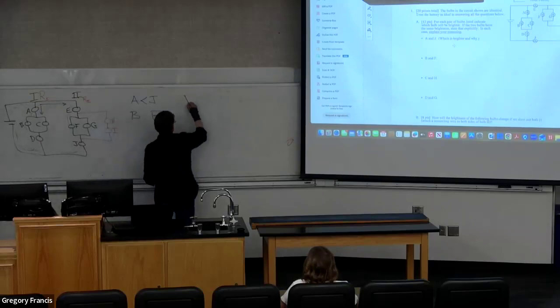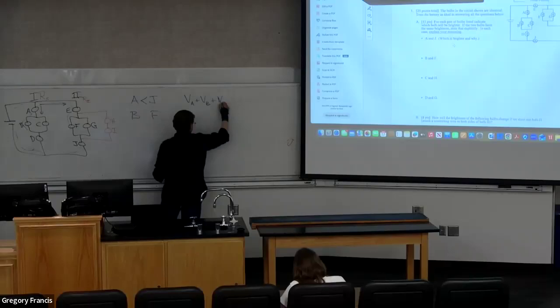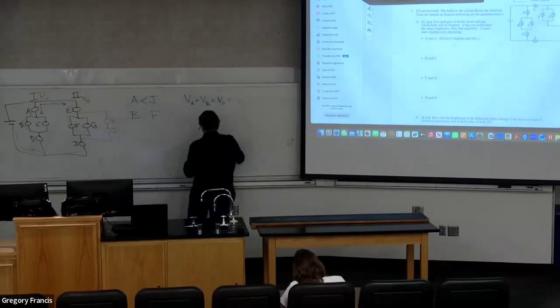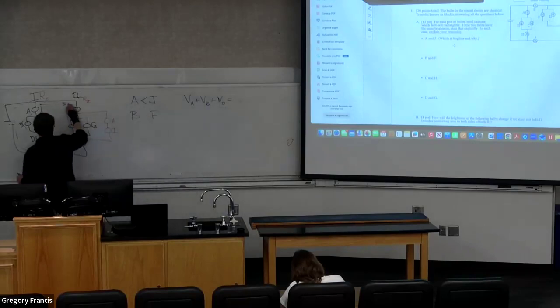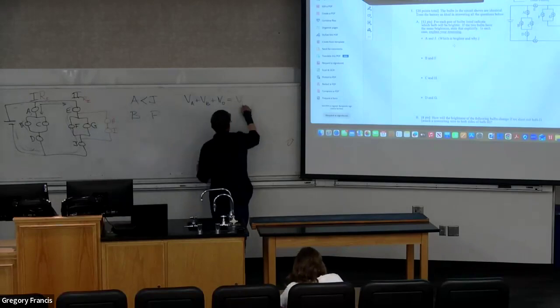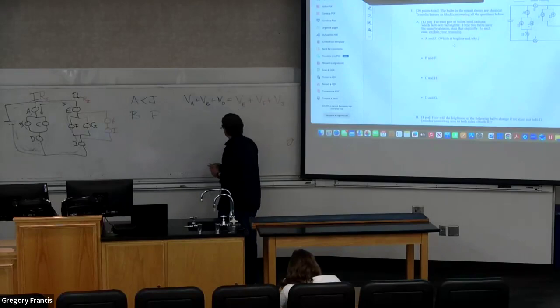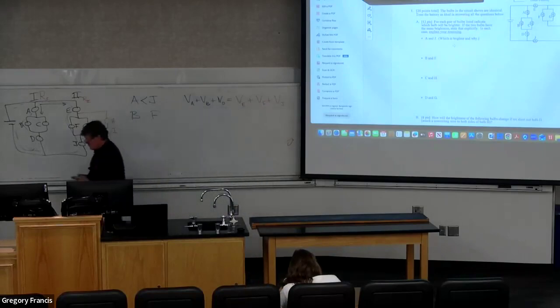And so that's going to give me A plus B plus D is equal to, I'm going to call this the red path over here, E plus F plus J. Now, are any of these voltages the same?